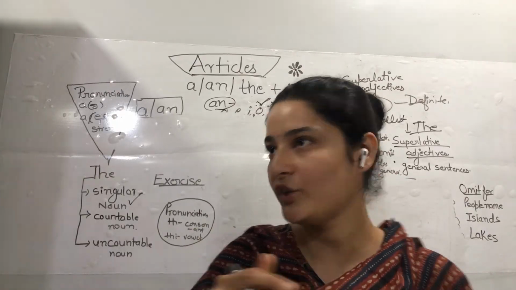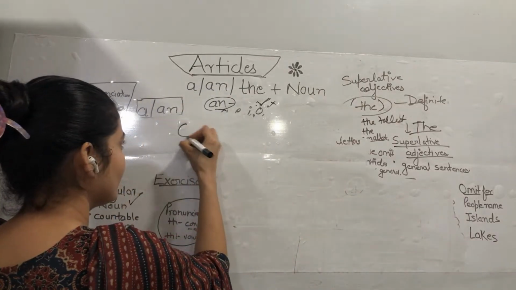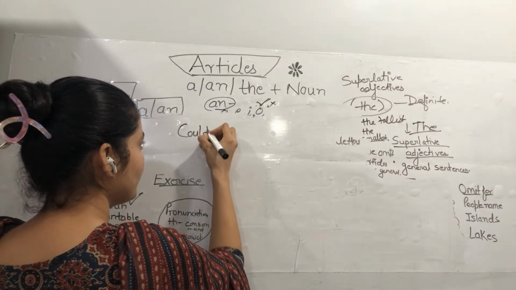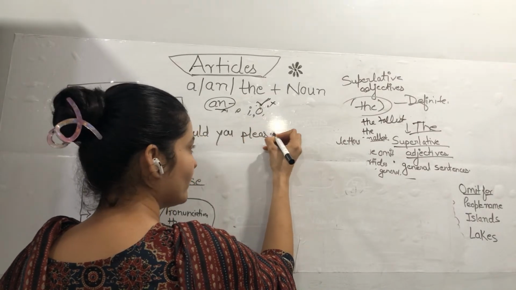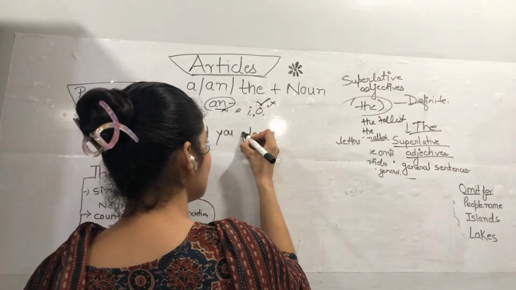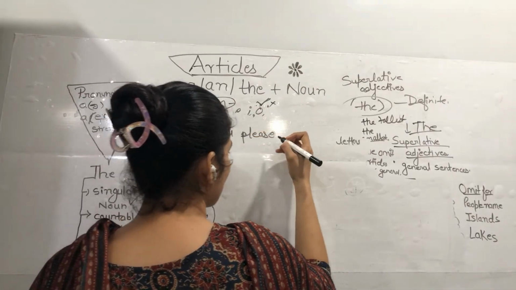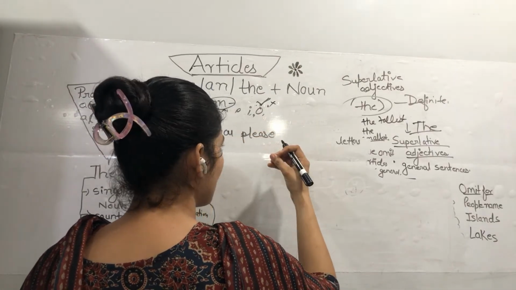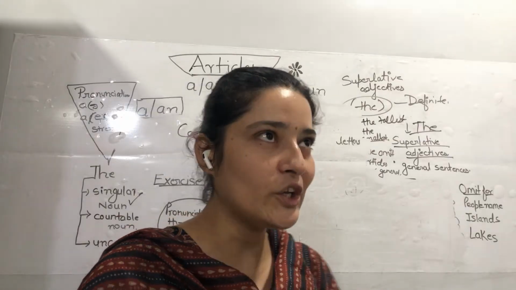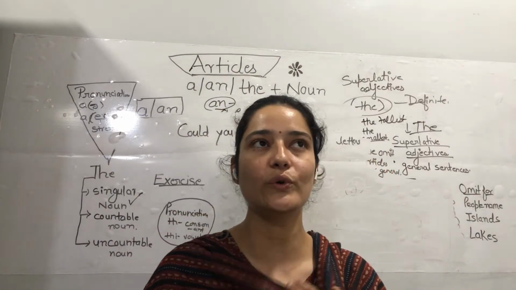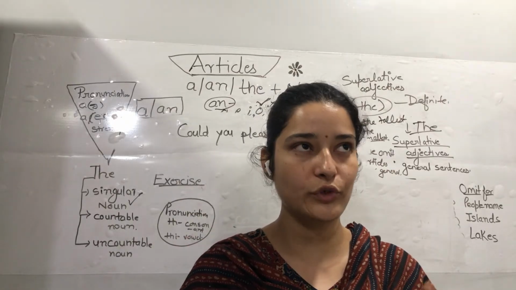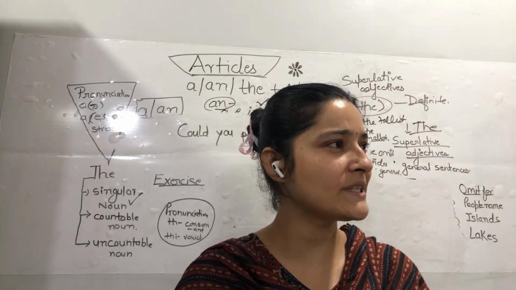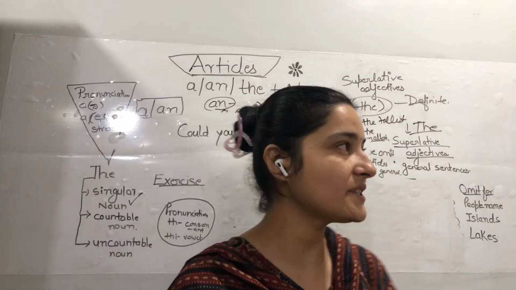So when you're saying, let me write the sentence, could you please bring me a, it is different. Both are correct, but it depends upon the situation which we have to use.